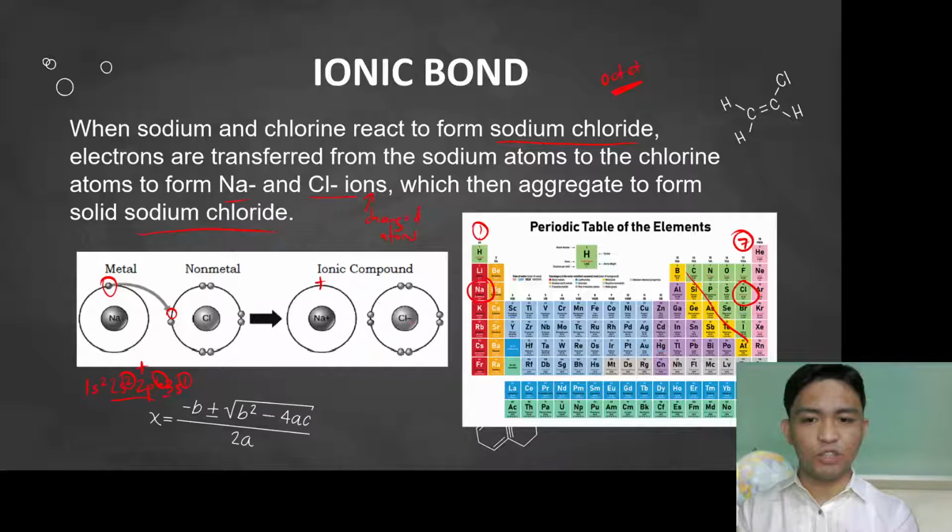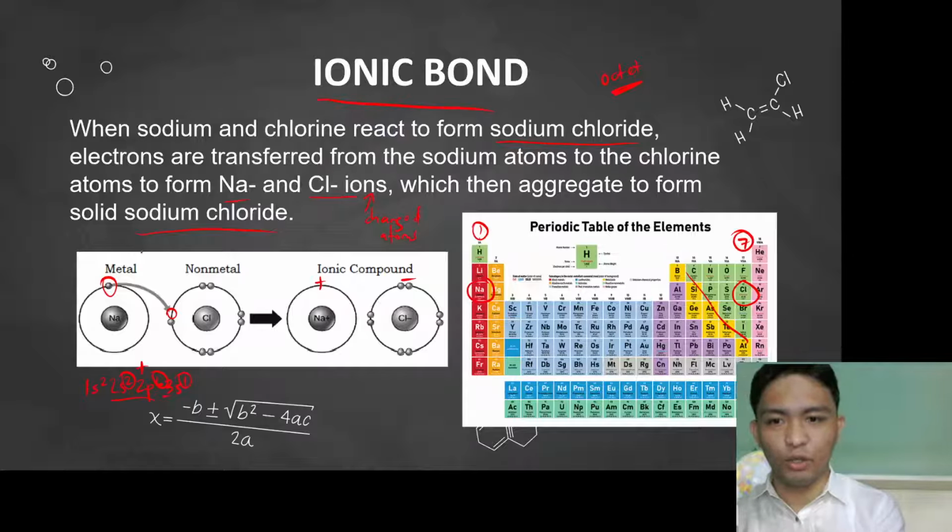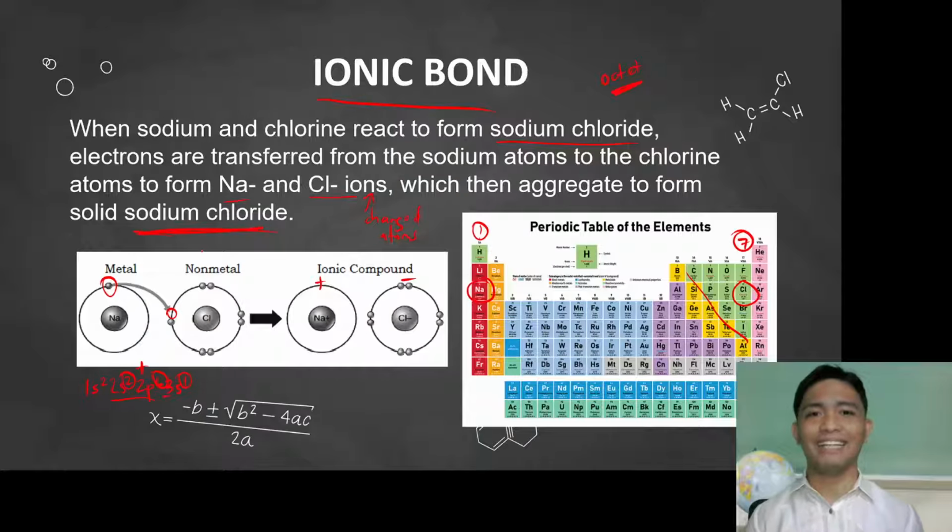Si chlorine naman, since tumanggap siya ng isang electron, nadagdagan yung charges niya with negative charge, it became negatively charged. So following the electrostatic rule, you have a positively charged particle, negatively charged particle. These two atoms will get attracted to one another, and that will form the ionic bond, forming your solid sodium chloride, yung asin, table salt na ating ginagamit.